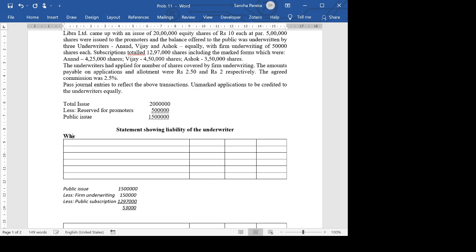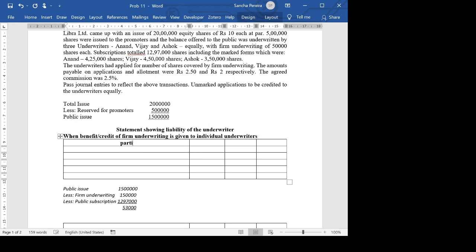So when benefit or credit of firm underwriting is given to individual underwriters, you have the particulars, and the underwriters are Anand, Vijay and Ashok.